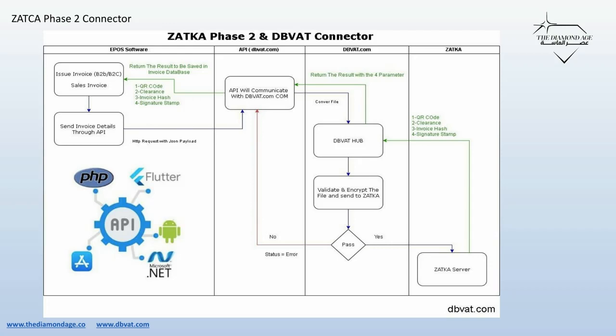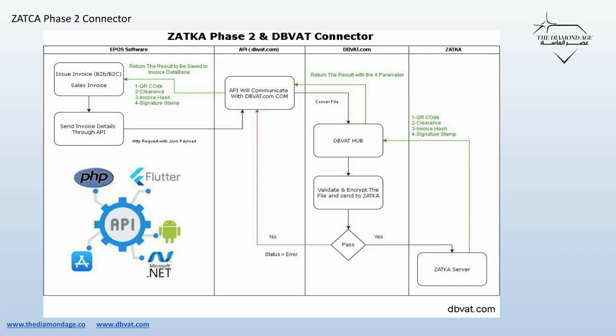After the response from the ZATCA server, it will go back to the dbvat hub again and give the information which we requested from ZATCA: QR, clearance, the XML hash and the signature. Then the dbvat hub will return the results to the API, and the API will return this information to the seller invoice. At that time, the developer or the IT company needs to manage this information and save it directly to your sales system database.